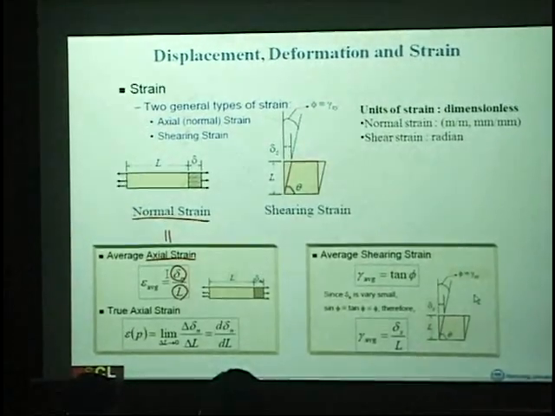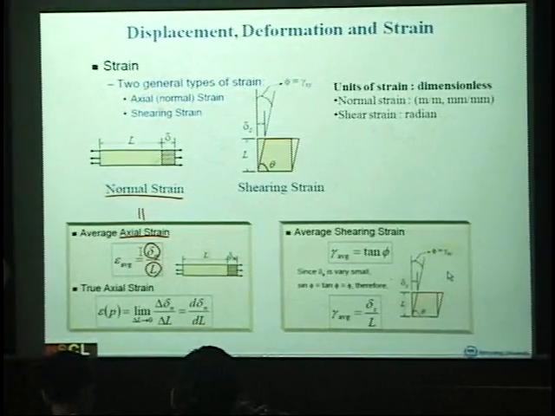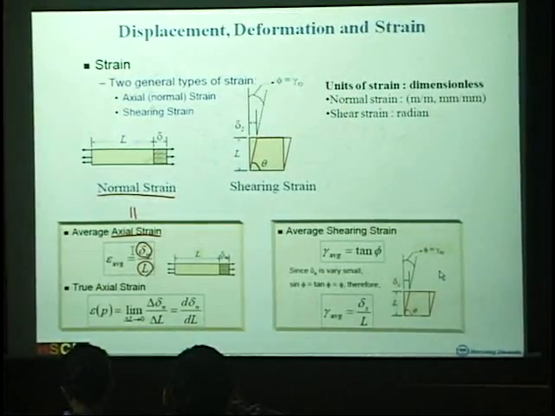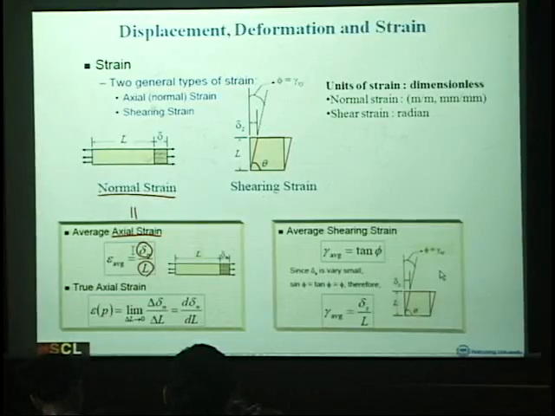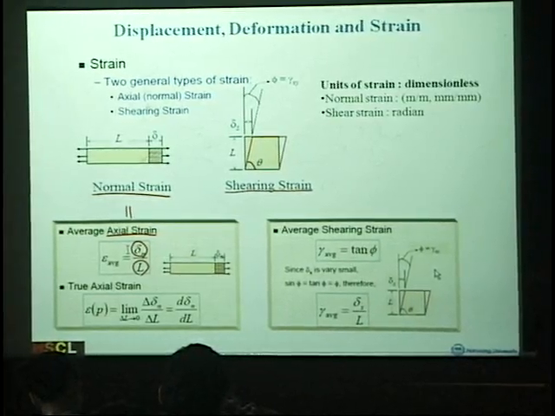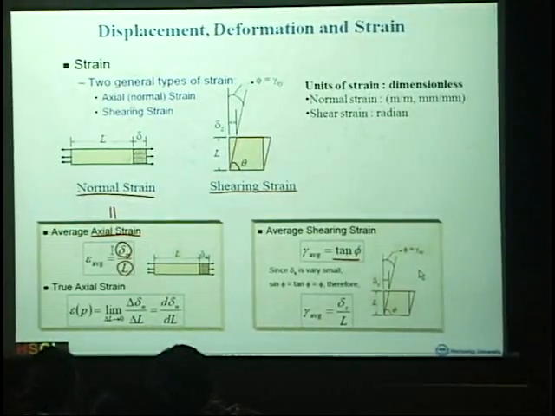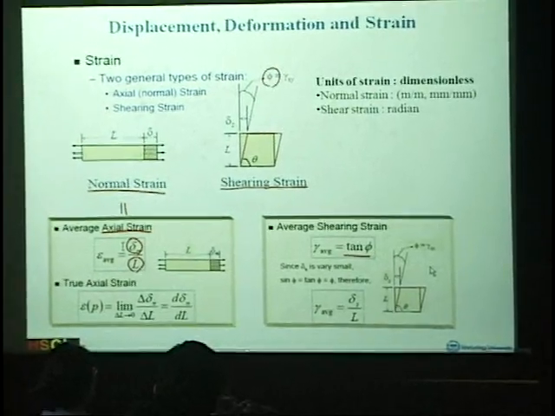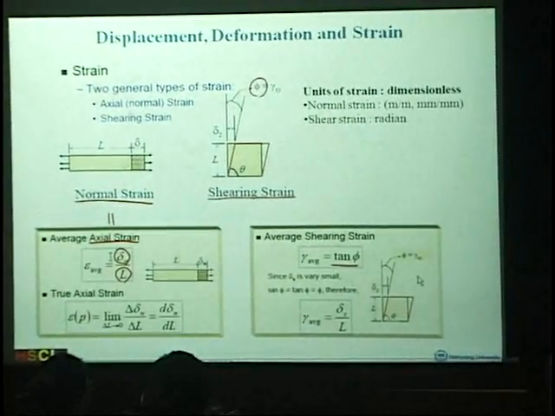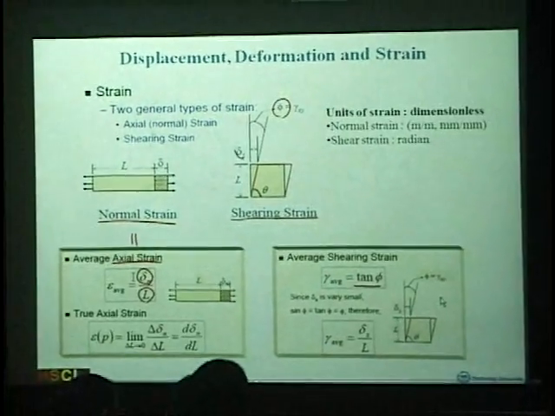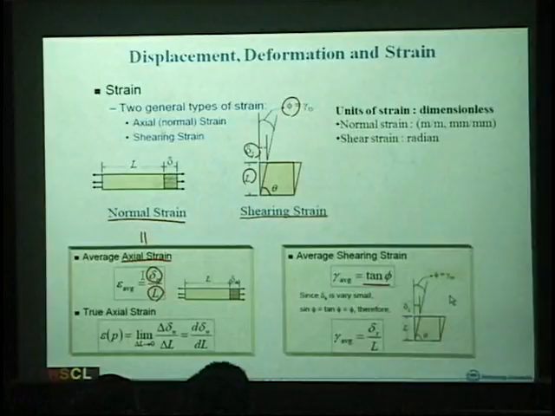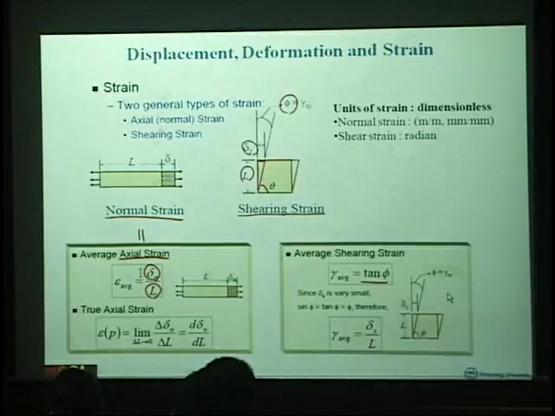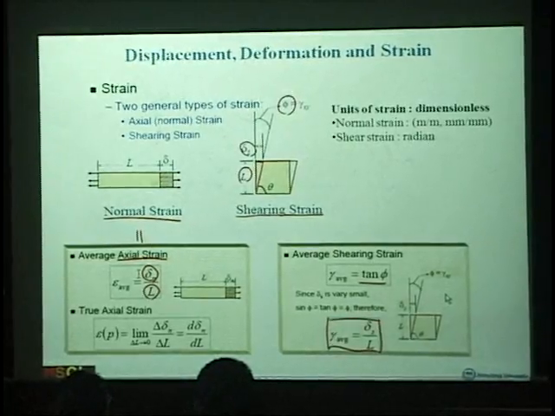As you can see here, shearing strain is defined by the angle phi, this phi, tangent phi, and in terms of displacement, delta S divided by L is the tangent phi, and that's the definition of the shearing strain.